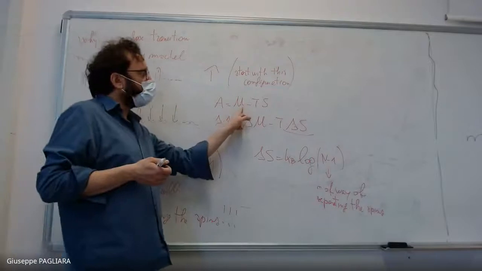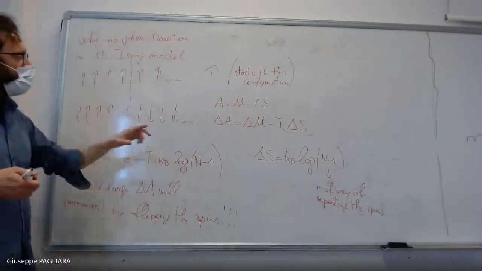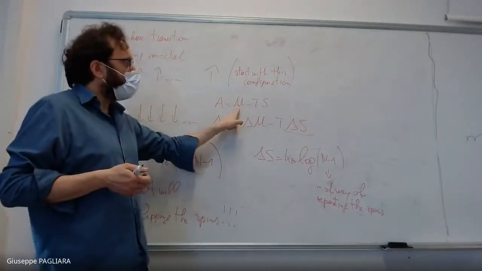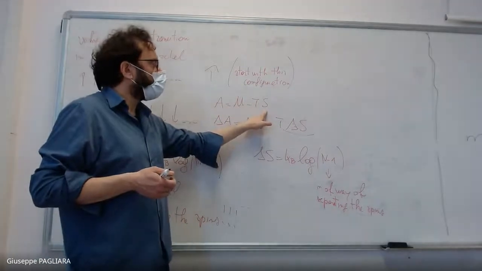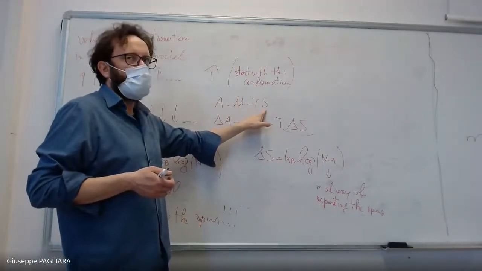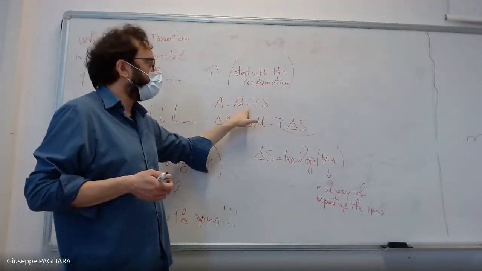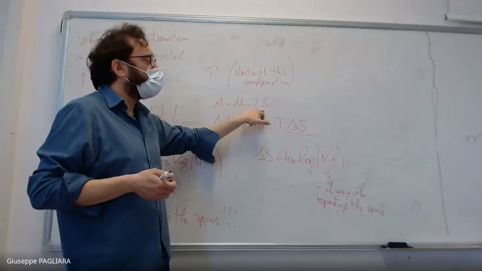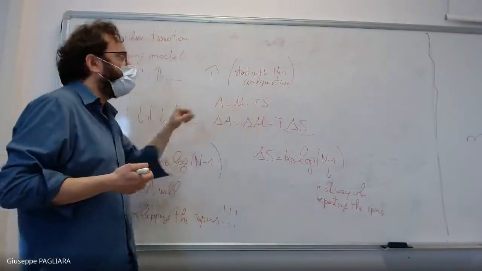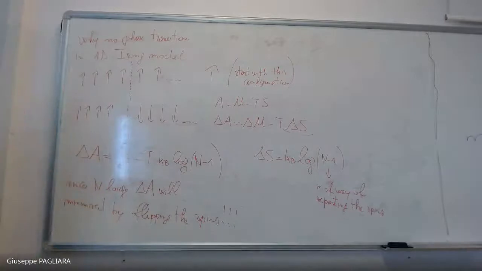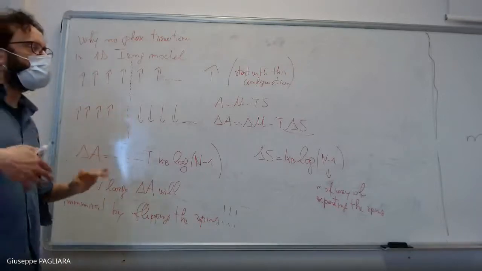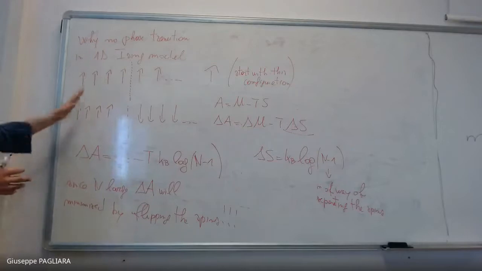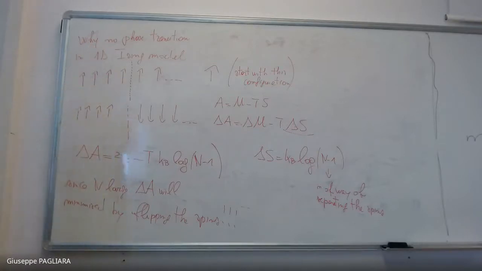By doing this flip, you increase the internal energy, but you also increase the entropy a lot. And so there is a minus here, and therefore if the increase of entropy is dominating, we actually minimize A, the Helmholtz free energy, by increasing the entropy, therefore by flipping the spins, and so by not having any specific direction in which the spins are aligned.